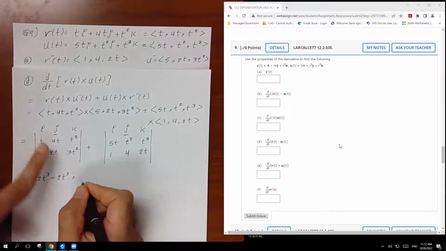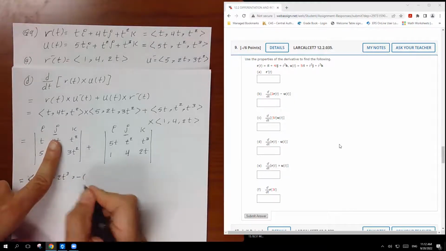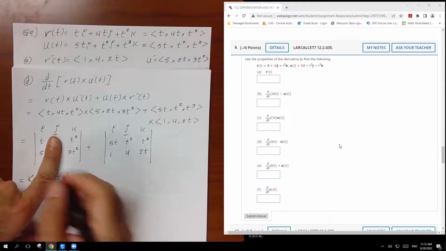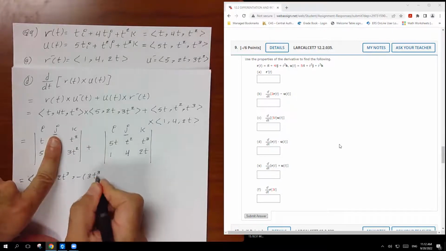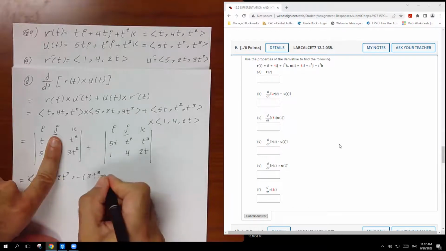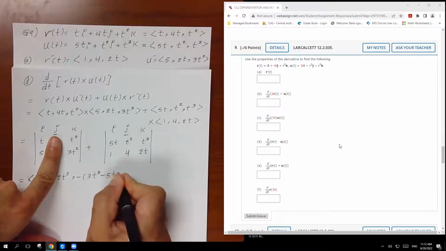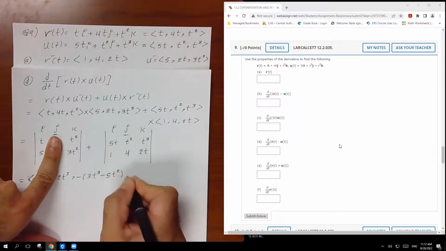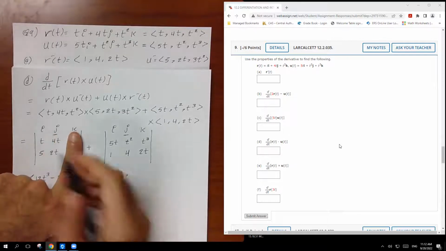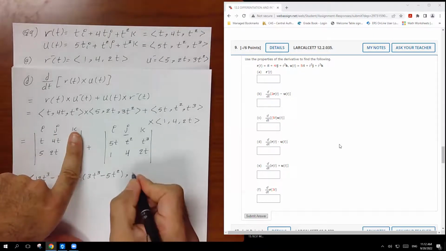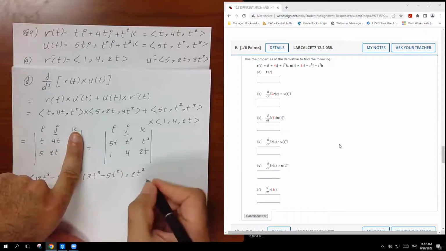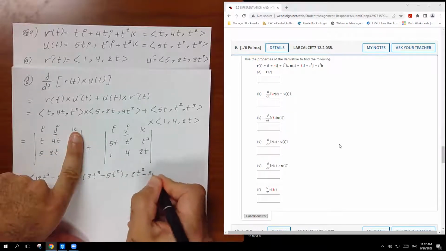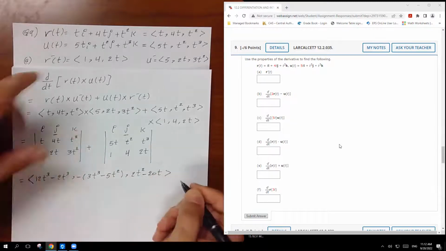For the j, here's the minus, it's going to be 3t cubed minus 5t squared. For the k, it's going to be 2t squared minus 20t. I'm done from the first part.